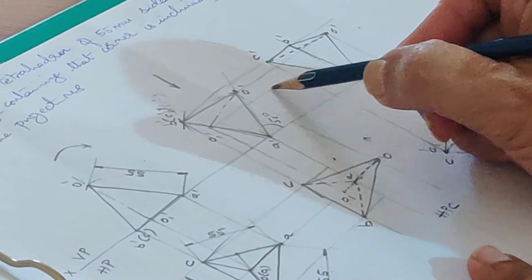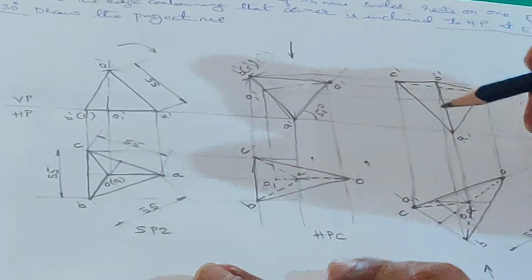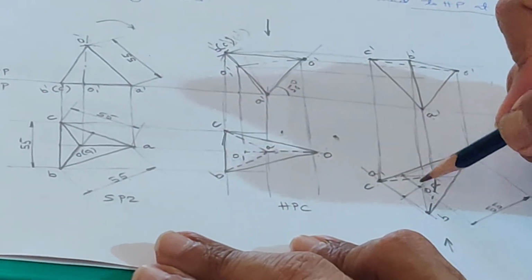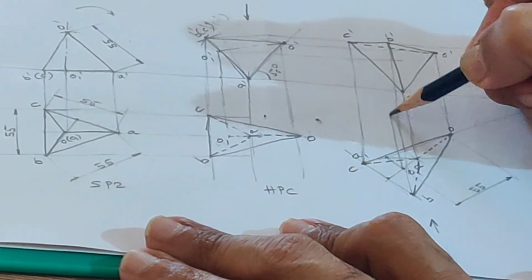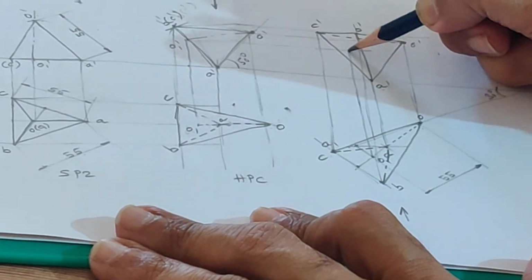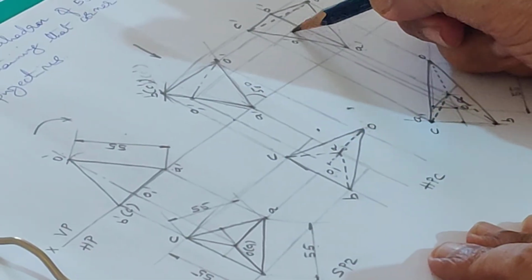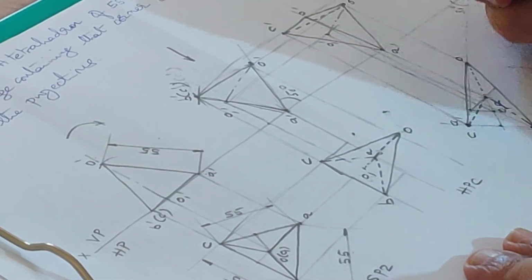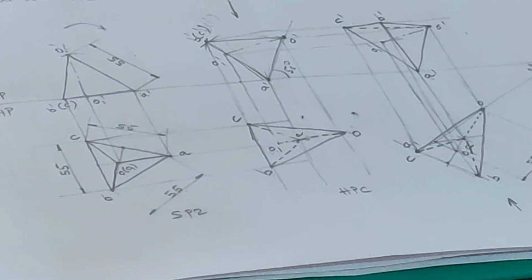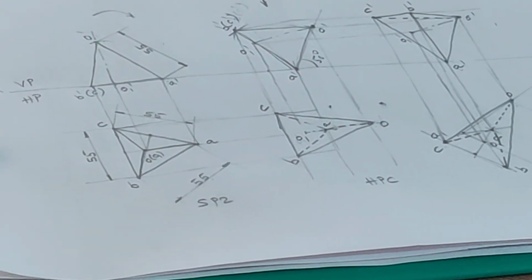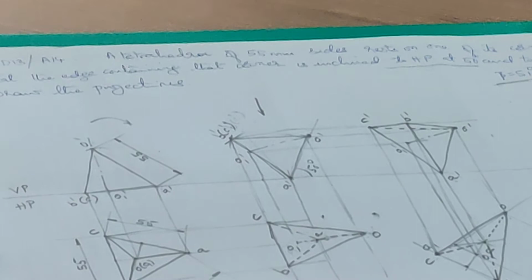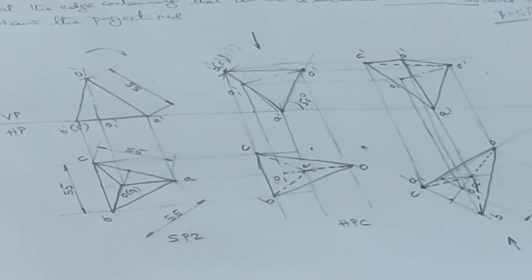This is O1 projected. Draw its locus. Draw its projector. So this is O1 dash, draw the axis, chain line. That's it. That completes the front view in the third step.